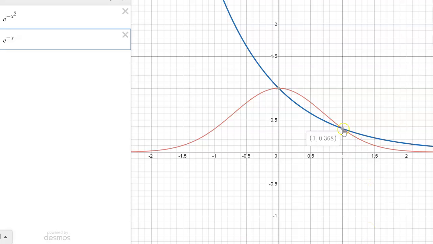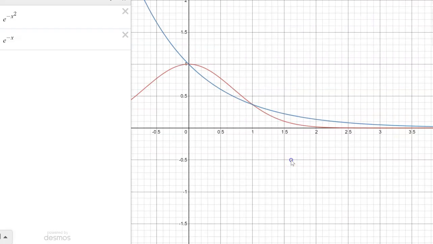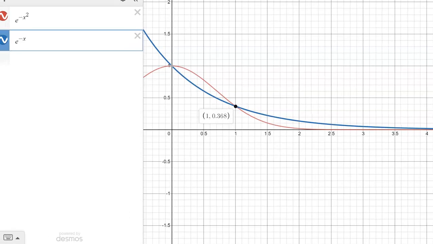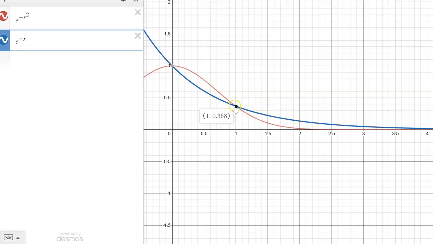Notice that for any point after 1, since the bounds were 1, this blue line, e to the minus x, will always be bigger than this one.